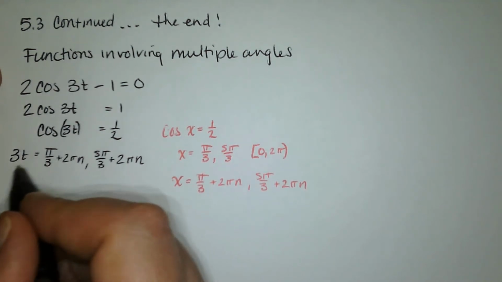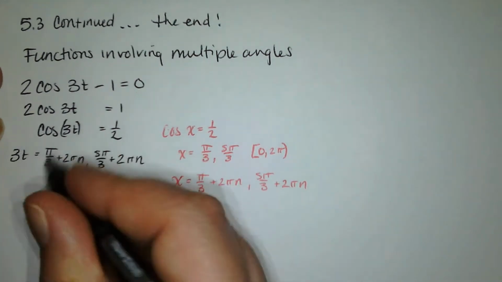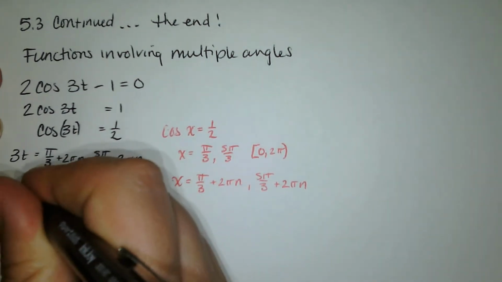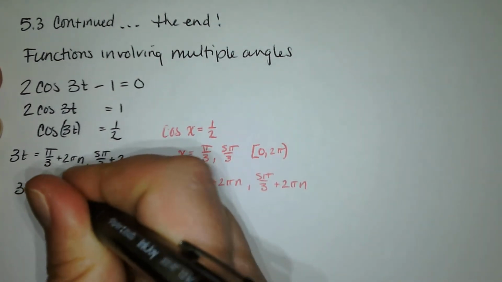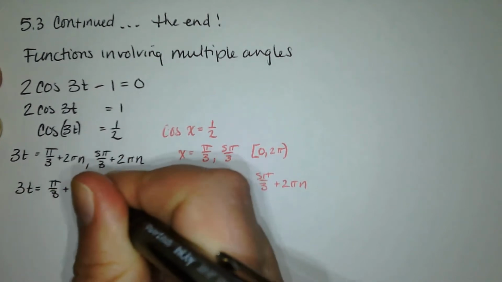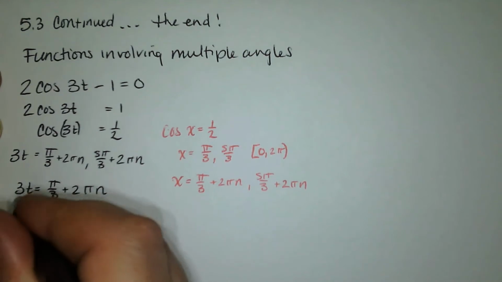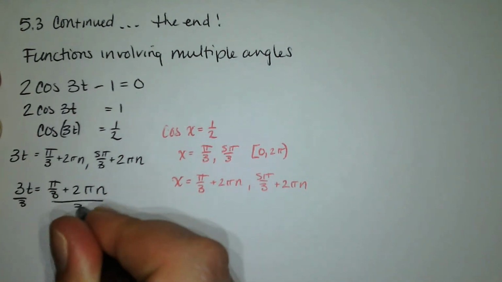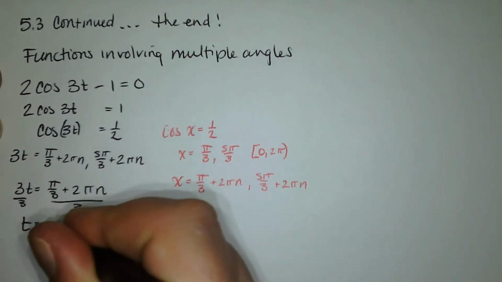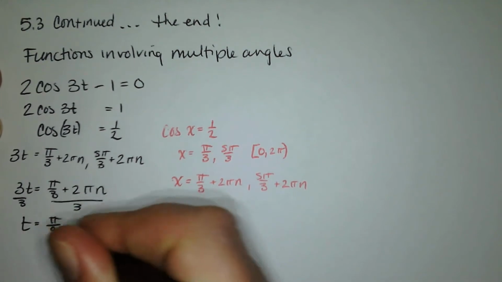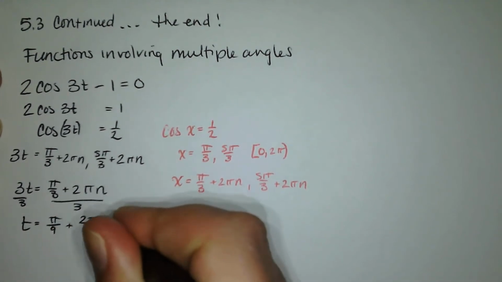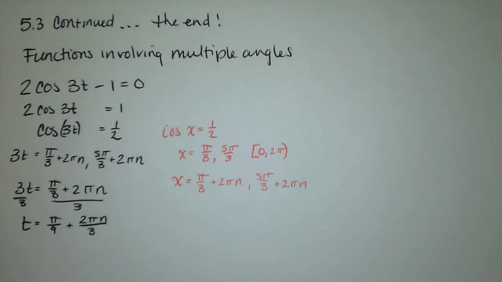So we have to multiply. I'm going to split this up so we can do this separately. So 3t equals pi over 3 plus 2 pi n. I'm going to divide them by 3. And that's going to give me t equals pi over 9 plus 2 pi n over 3.